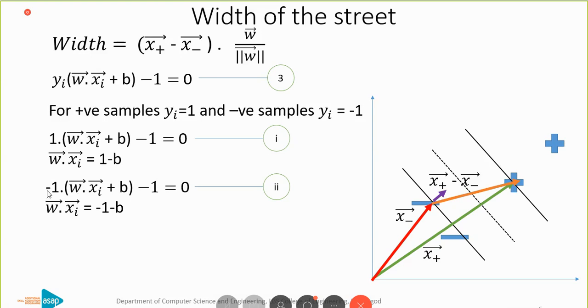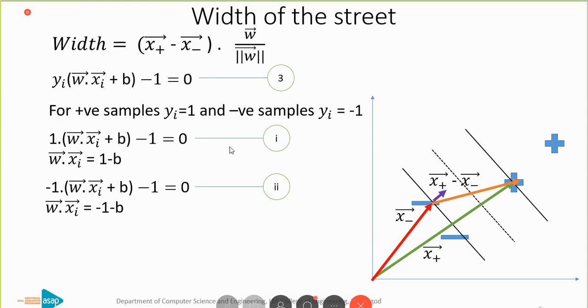You multiply minus 1 with b, minus b. So the expression will become w dot xi is equal to minus 1 minus b. So we have now two values, corresponding to positive and negative samples, that is 1 minus b and minus 1 minus b.